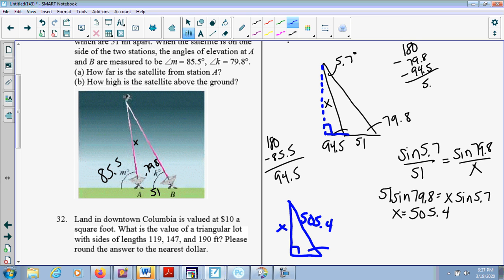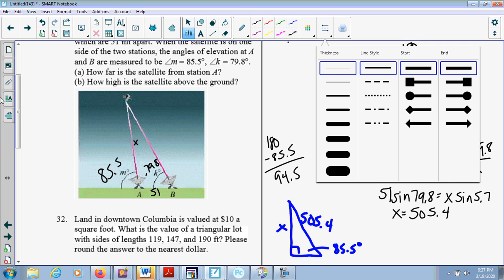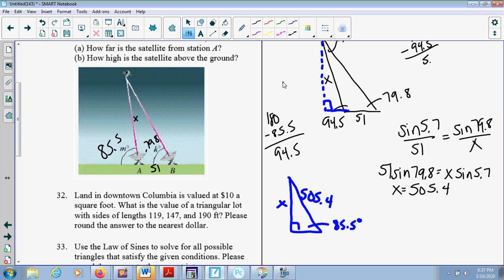And we already know this angle they gave it just at the beginning is 85.5 degrees. You probably can't see that when it's fat like that. Let me thin that out. Alright, so now we just figure out opposite over hypotenuse. We're going to use sine. Sine 85.5 is x over 505.4.